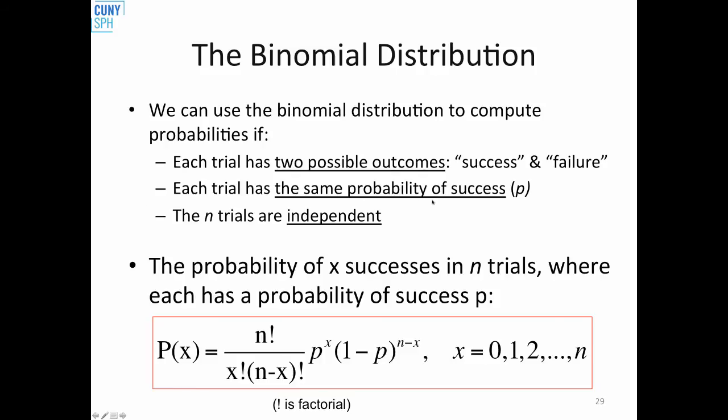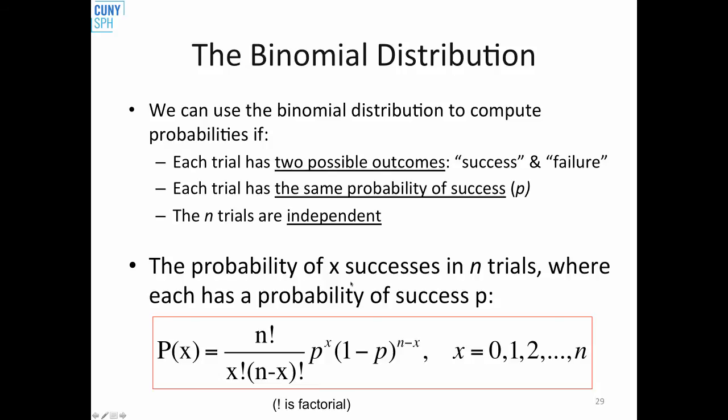So, for example, the probability of having cancer for the number of positive cases in a group of people to follow a binomial distribution, each person has to have the same probability of a success. And finally, these n trials are independent. So the probability of having a success on one trial does not depend on any of the previous trials.